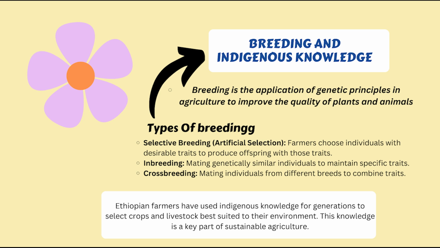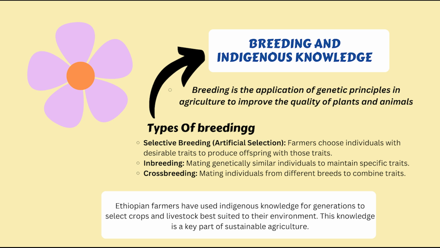Breeding and indigenous knowledge. Breeding is the application of genetic principles in agriculture to improve the quality of plants and animals. We have three types of breeding. These are selective breeding or artificial selection, inbreeding, and crossbreeding.